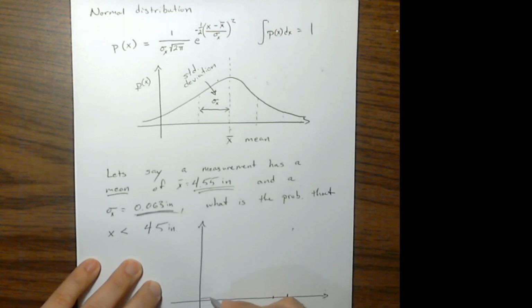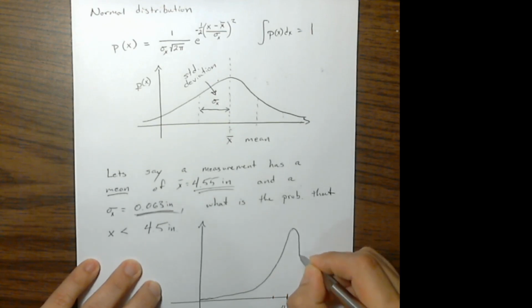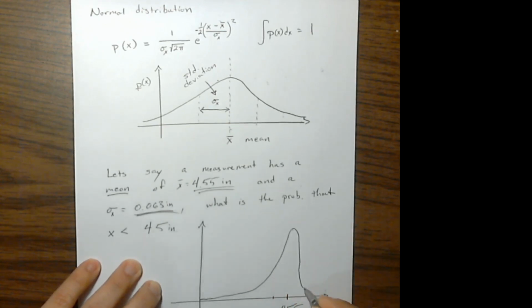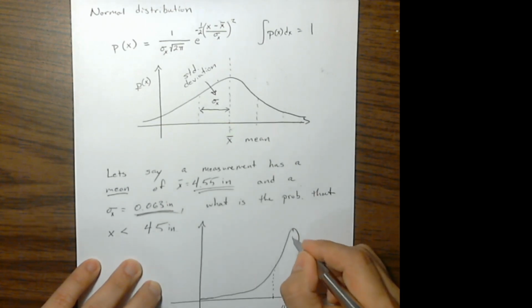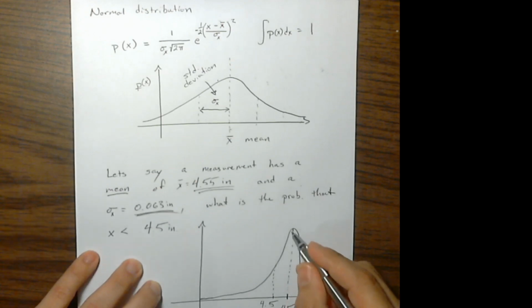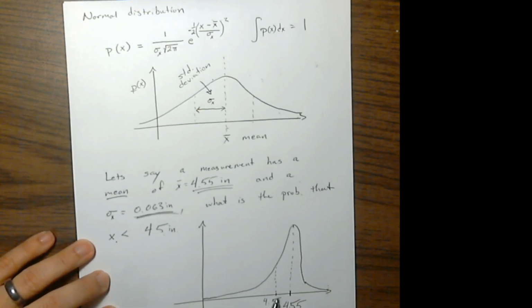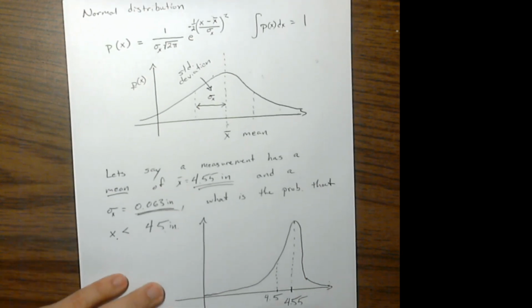So if I actually plotted this, I suspect it would look something like this. All right. So what is the probability that x is smaller than this, the probability that one of my measurements returns that value?